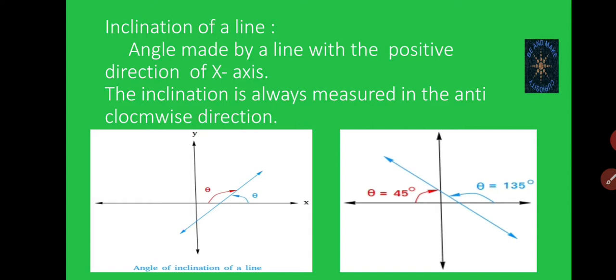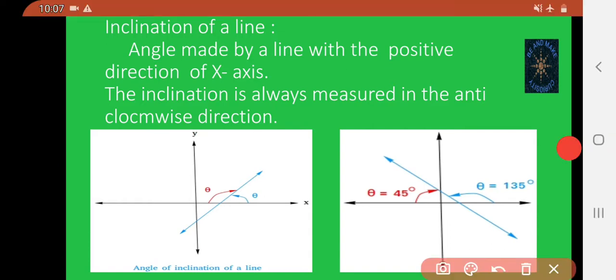First, before going to slope of a line, you should understand what is the angle of inclination. What is inclination of a line? You first must understand this, then only you can understand slope of a line.